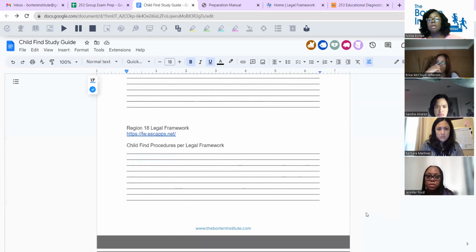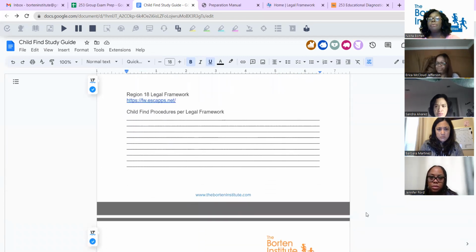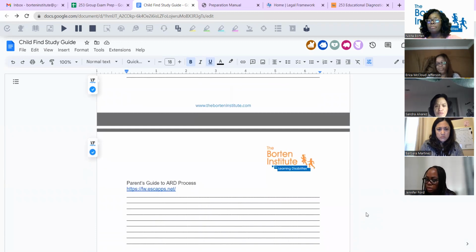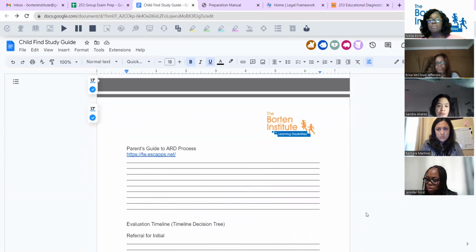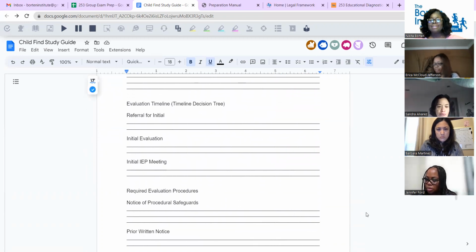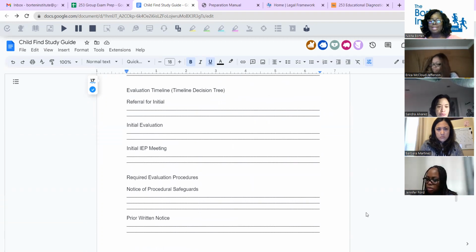Okay, we're going to talk a lot about procedural steps. We're going to talk a lot about the law because you're being tested on the law, so you need to know what the law says. That's where we're going to spend our time. By the end of the day, you will understand what the role of an educational diagnostician is and the procedures that you are responsible for implementing with fidelity and per law.